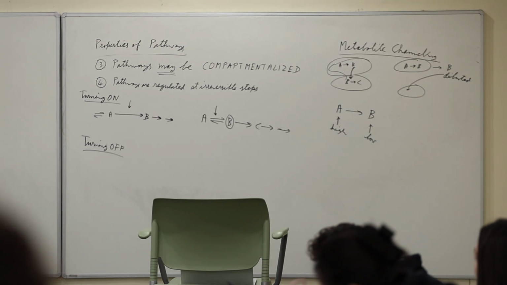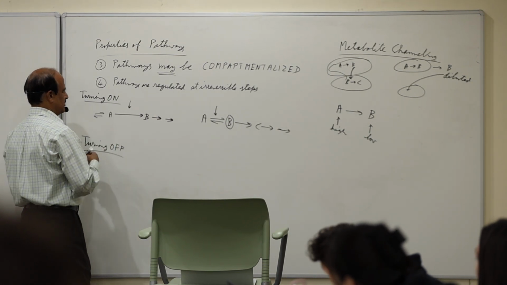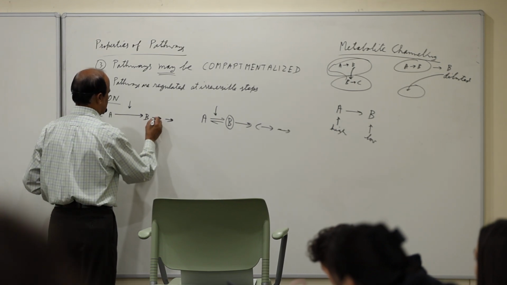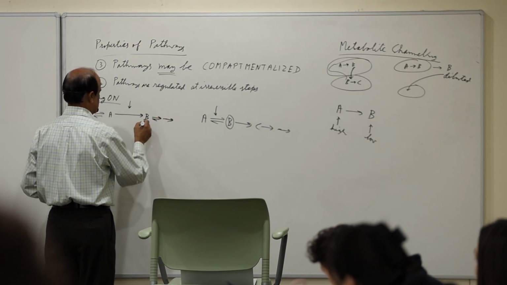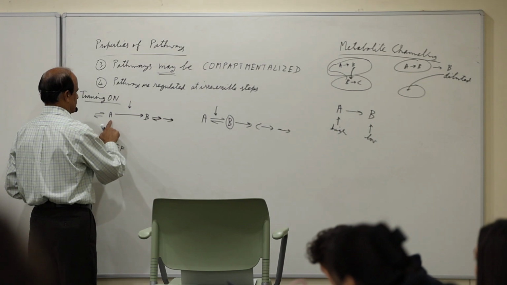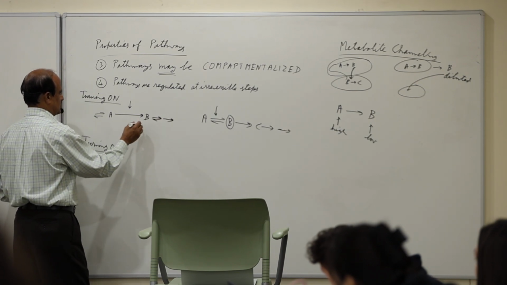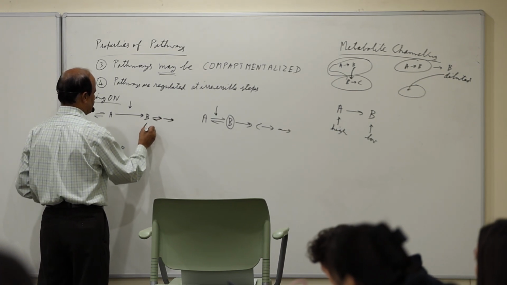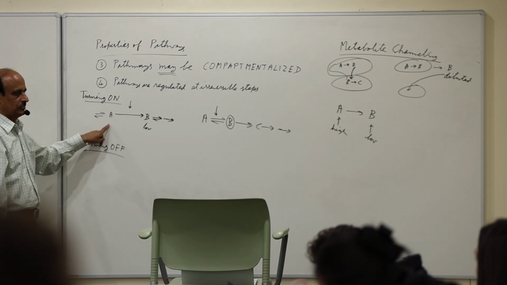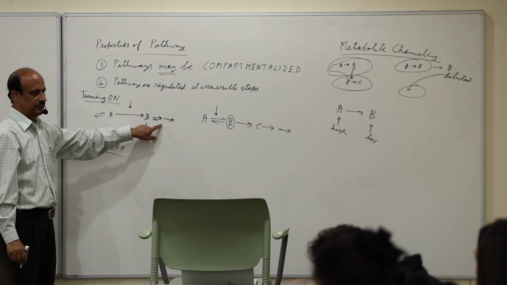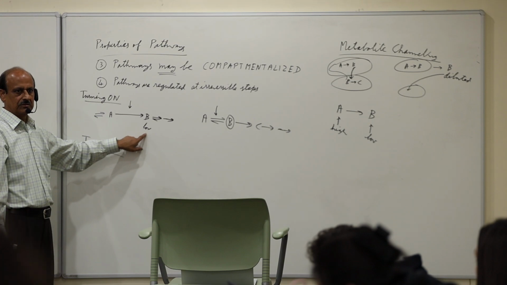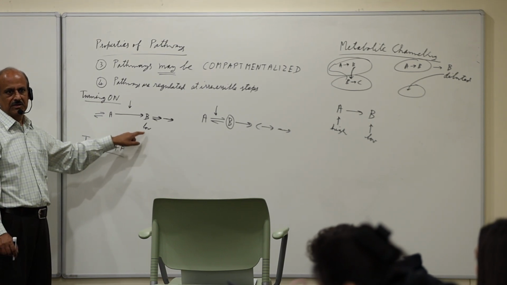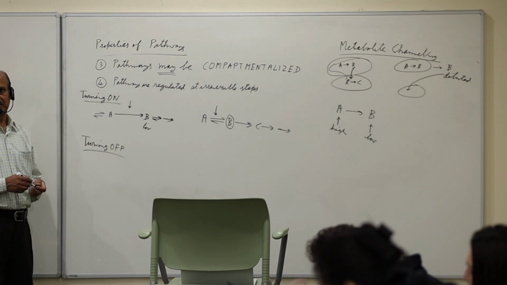On the other hand, if you are regulating an irreversible step, so even if there are reversible steps after this, the definition of an irreversible step is that this is already low compared to A. And the second step will start at a low concentration of B, because that's how the pathway has been made by the cell.